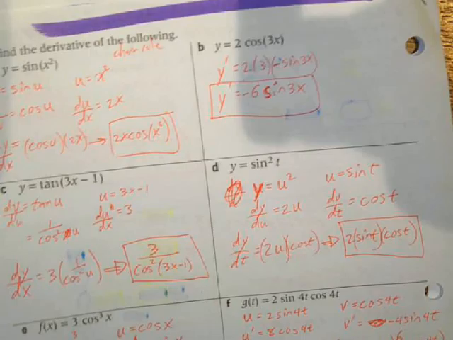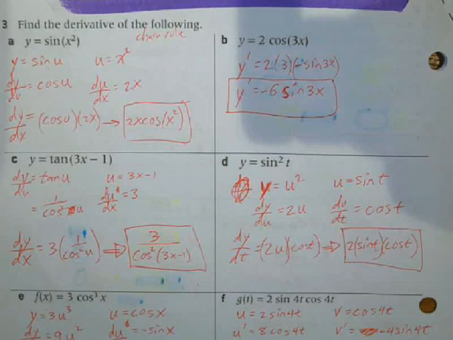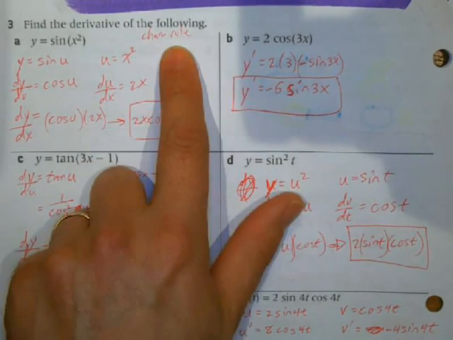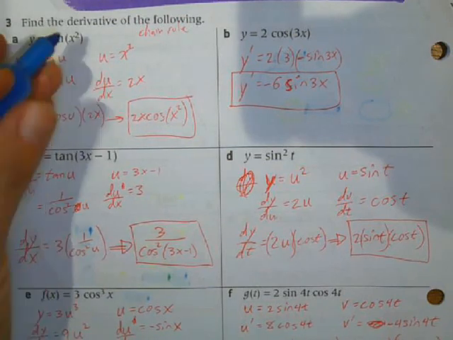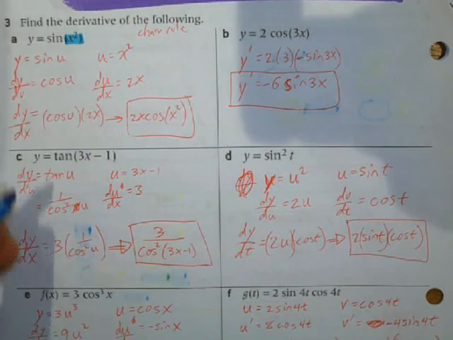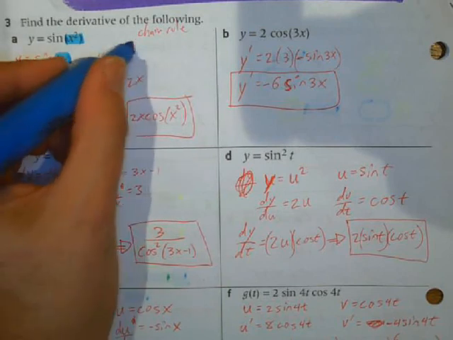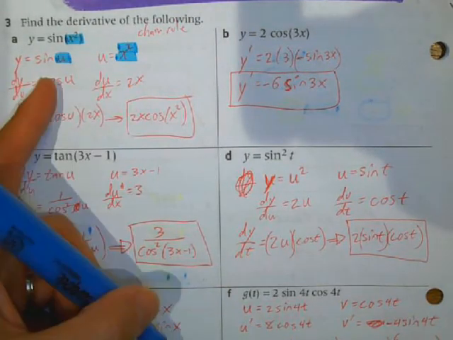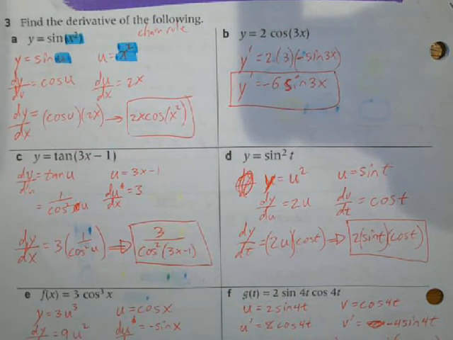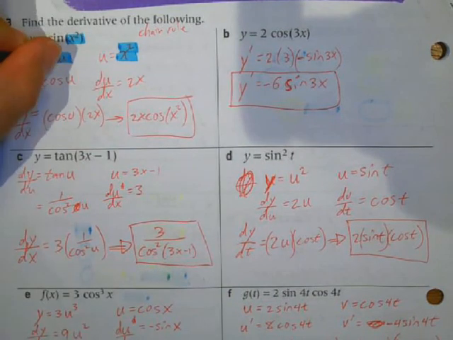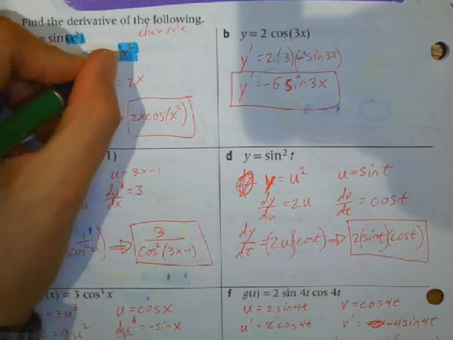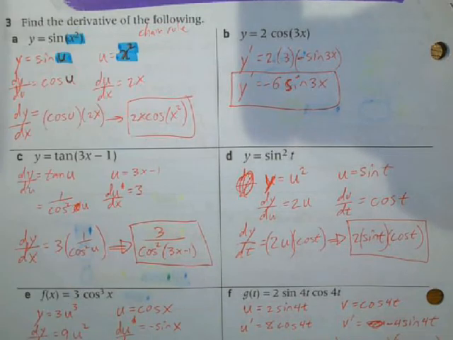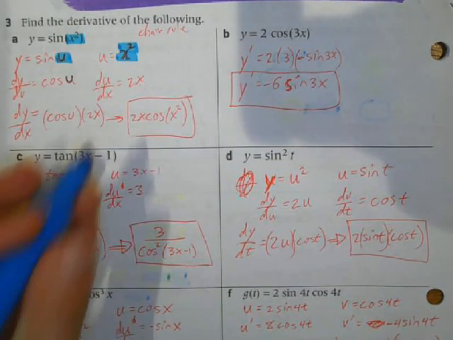Okay. Oh, last page. Okay. I had to use the chain rule here. So I said I'm going to make u equal to x squared. So the derivative of sine u is cosine u. The derivative of x squared is 2x.